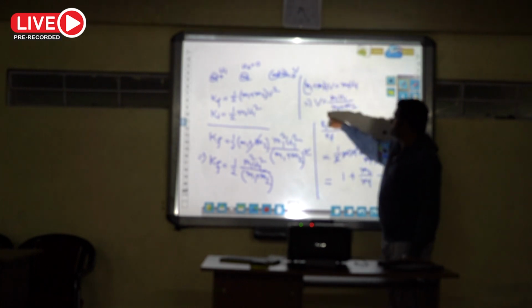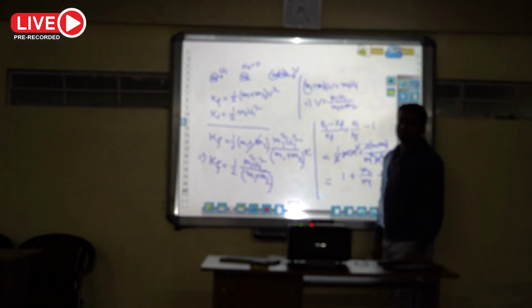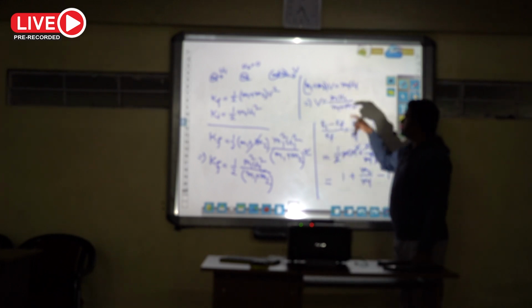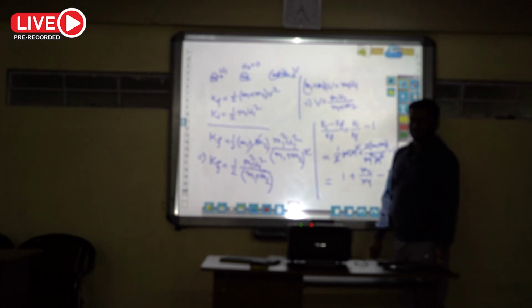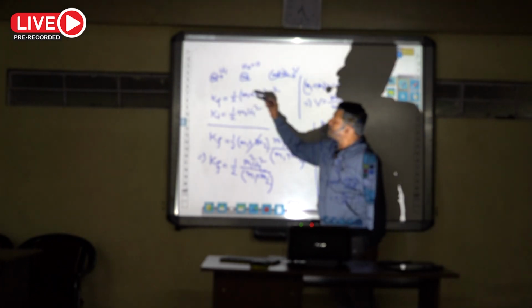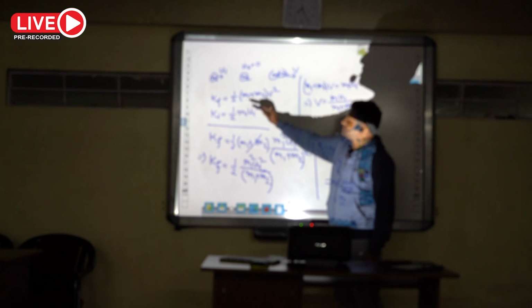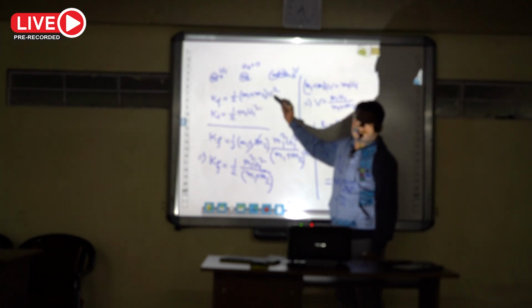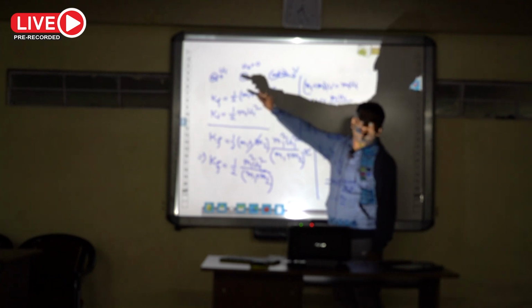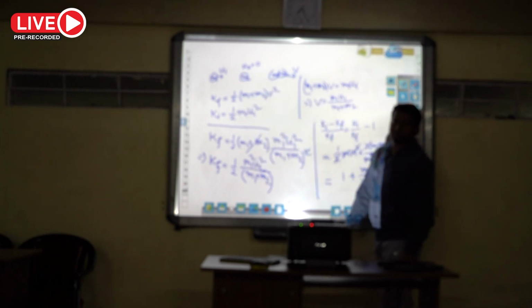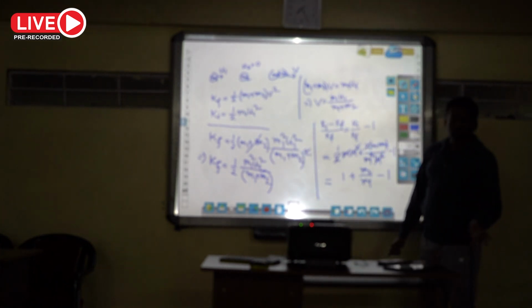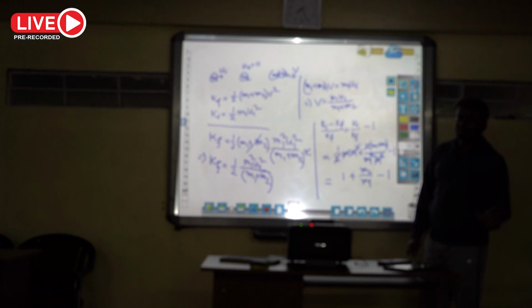So I can find that v by using conservation of linear momentum, because in any collision linear momentum is conserved. So v will be equal to m1 u1 divided by (m1 plus m2). Now final kinetic energy after collision is half (m1 plus m2) v square. Initial kinetic energy is only for the first particle, half m1 u1 square, because u2 is 0, so the second particle doesn't have any kinetic energy initially.